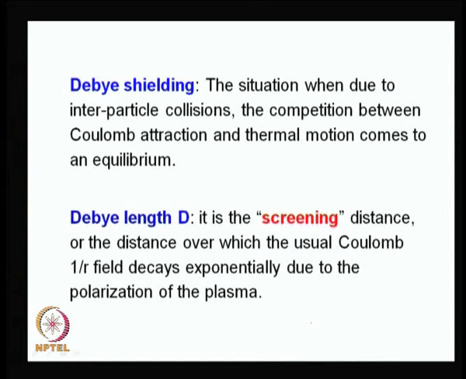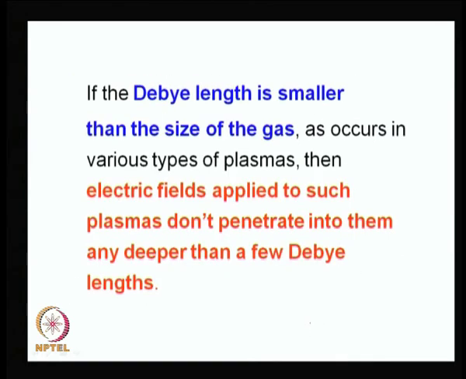You have also studied the parameter Debye length, which is the screening distance over which the Coulomb field decays exponentially. So, beyond the Debye length, the Coulomb field of the charged particle falls very fast, and so within the plasma, electric fields applied to the plasma beyond a few Debye lengths do not matter. The plasma is shielded. So, the upper limit of the impact parameter then becomes equal to the Debye length.